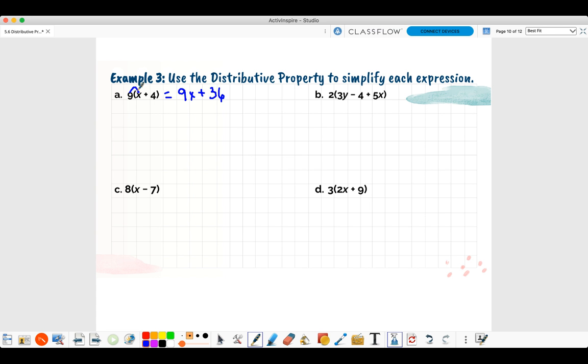And you should have these little loopies on yours, okay? 6y minus 8 plus 10x. 8x minus 56. 6x plus 27. Not so bad, right?